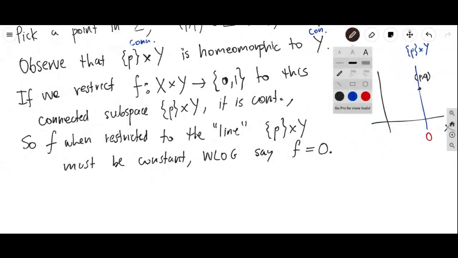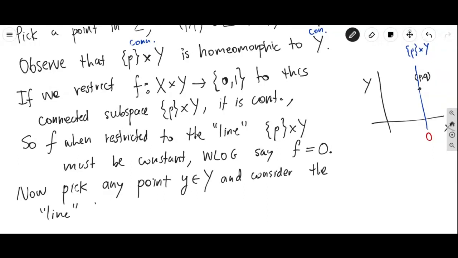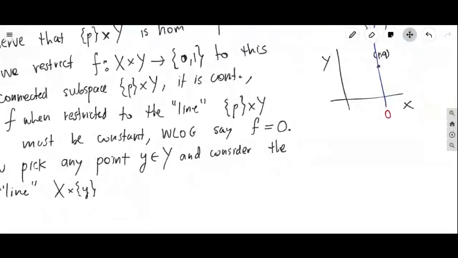Okay, so by the same argument, now pick any point, let's say y in Y, and consider the line X times {y}, like this. Okay, so now you're going to draw another line.